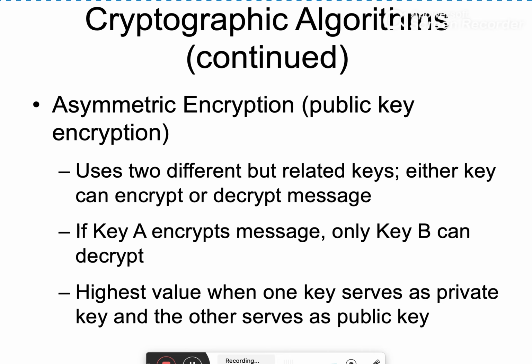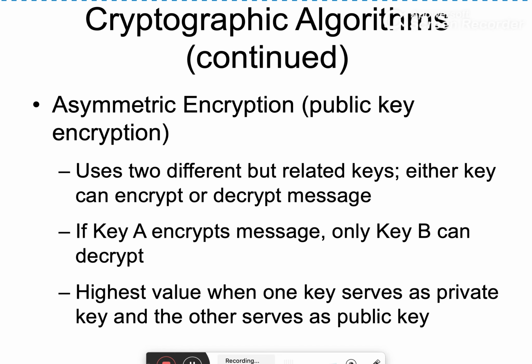Now, public key encryption algorithms use two different but related keys. One key is used for encryption and the other related key is used for decryption. Both keys are different, but they have a mathematical relationship between each other.